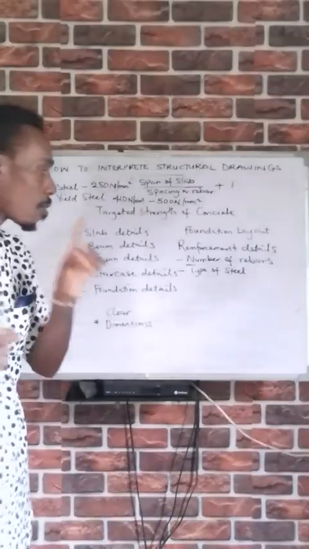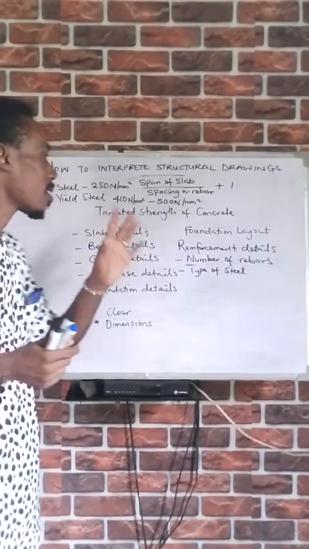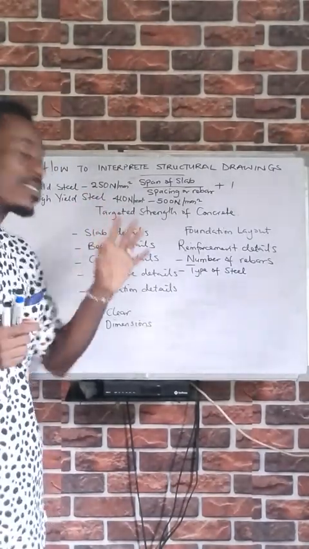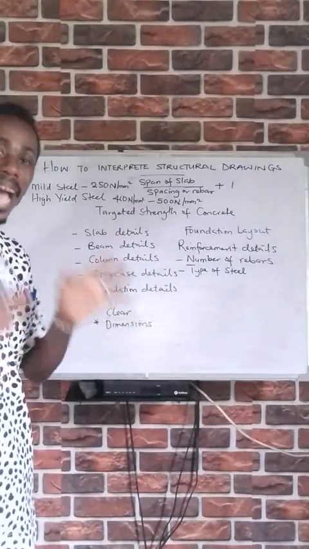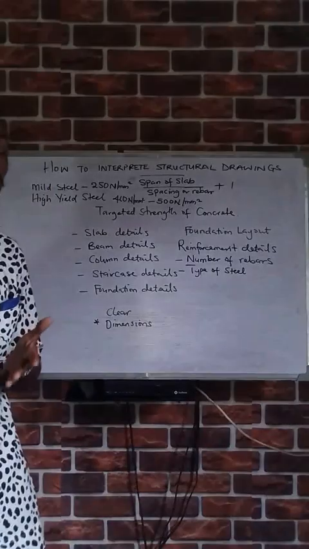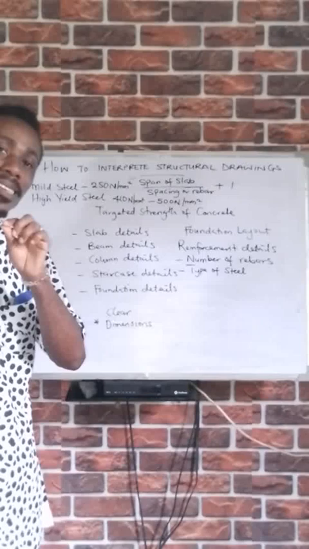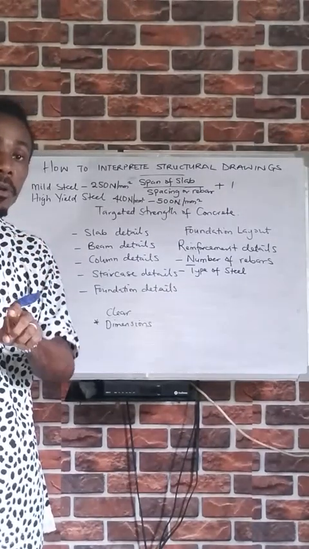You must look for the strength of concrete that is provided, or that these various structural elements are designed for. You adopt that. So that is why you see most times structures fail, even during construction, because the strength of concrete has been compromised.